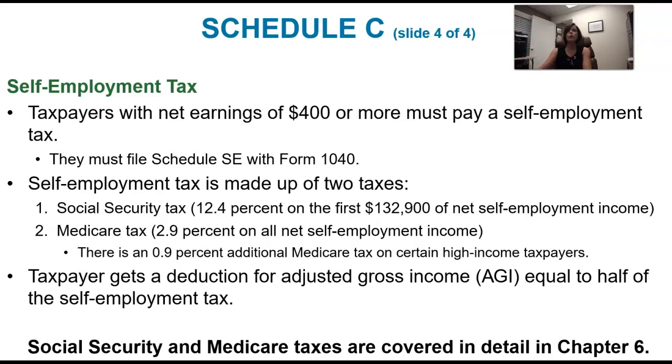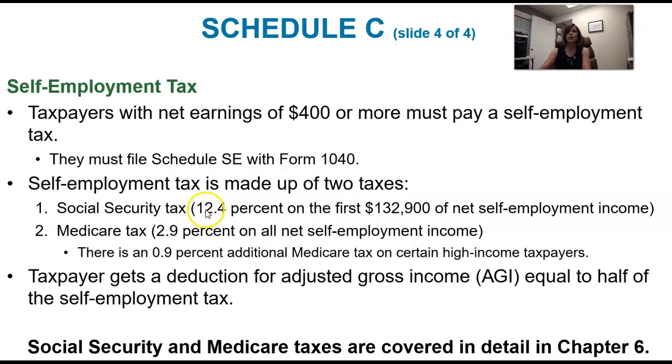And so a self-employed individual that has net earnings of $400 or more has to pay that self-employment tax. And so that Social Security and Medicare tax will get recovered on Schedule SE that gets filed with Form 1040.